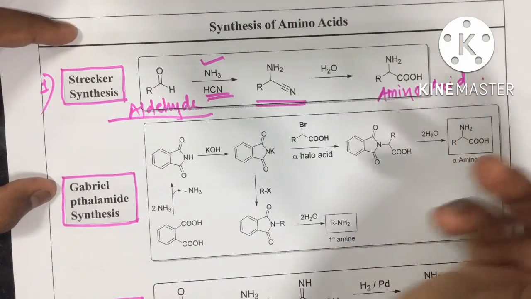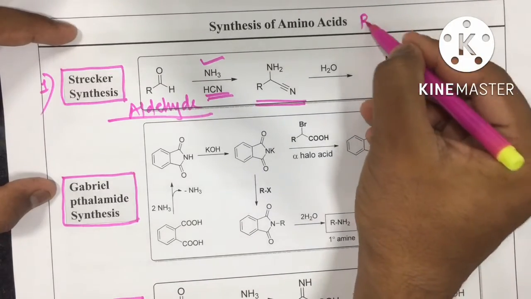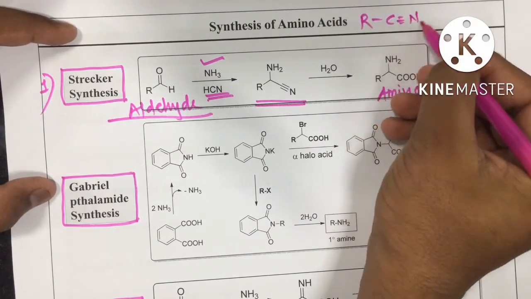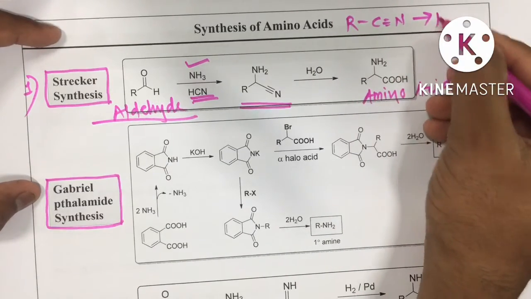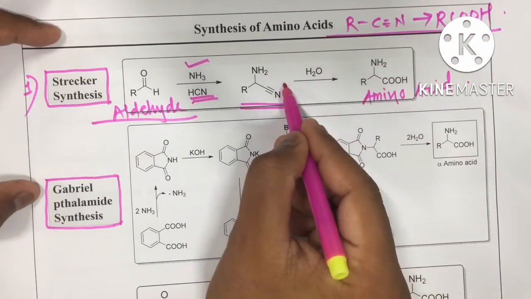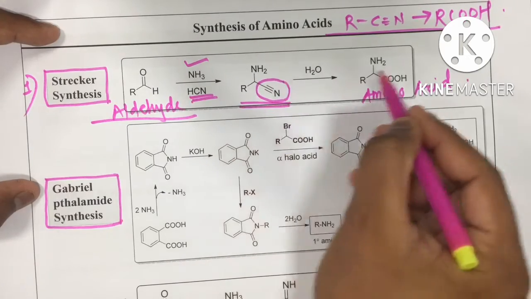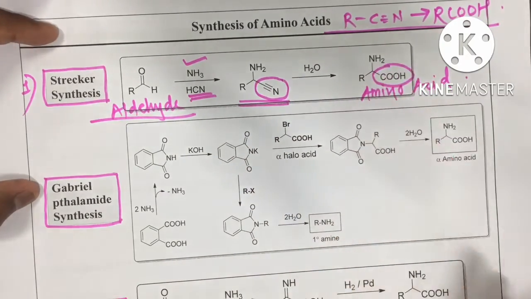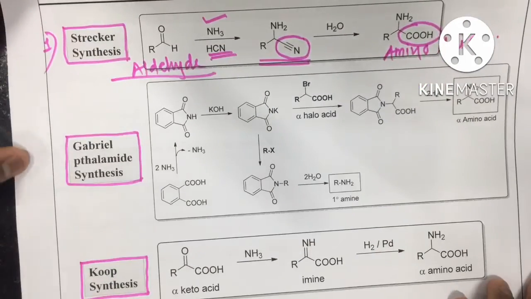Because generally we know the hydrolysis of cyanide gives carboxylic acid. So the cyanide group is converted into the carboxylic acid group in the Strecker synthesis.